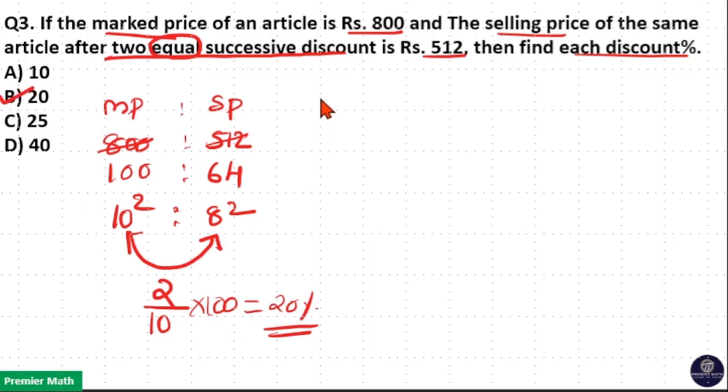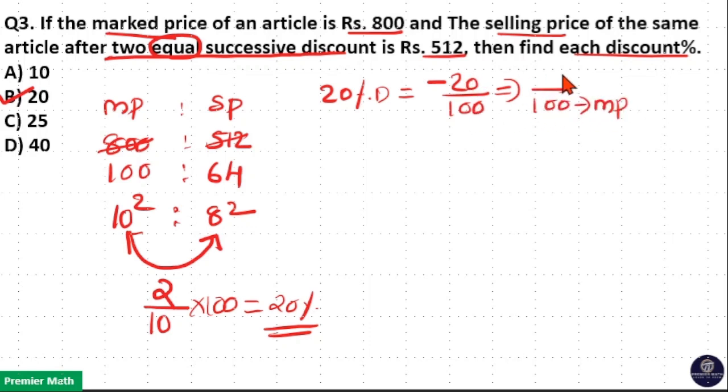Actually the concept is, if 20% is the discount, which means minus 20%, that is 20 by 100. Then this means that if 100 is the marked price, then 100 minus 20, 80 is the selling price. Now you can see there are two successive discounts.